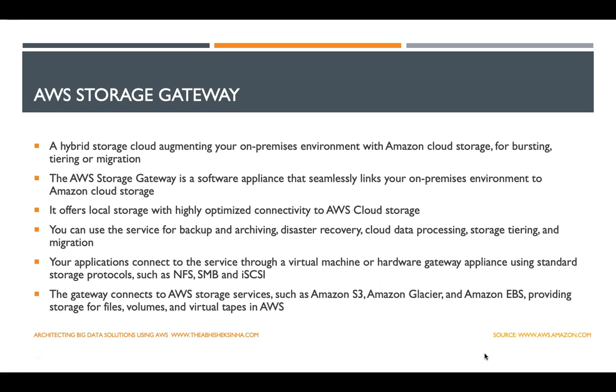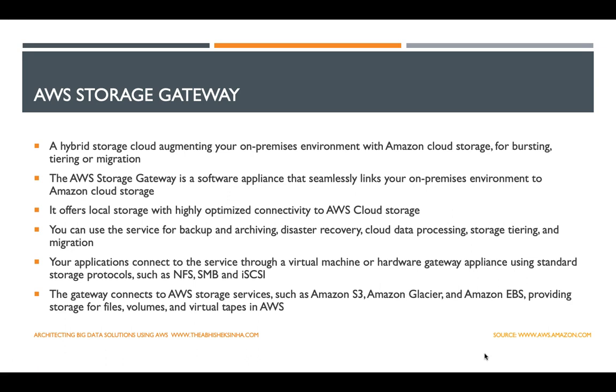It is simple to download and install on a virtual machine, or you can directly deploy the dedicated hardware appliance. The performance is very clinical. It caches the data in the local VM or the hardware gateway appliance, providing low latency disk and network performance for your most active data, with optimized data transfer occurring to AWS cloud storage tiers in the background. Users and applications continue to operate using the local storage model while you take advantage of the cloud backend.